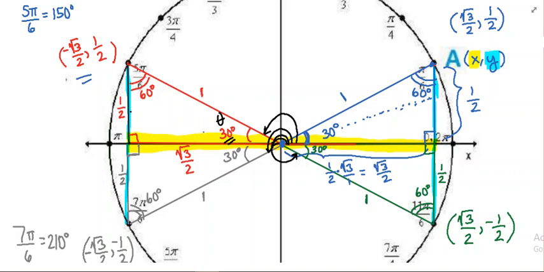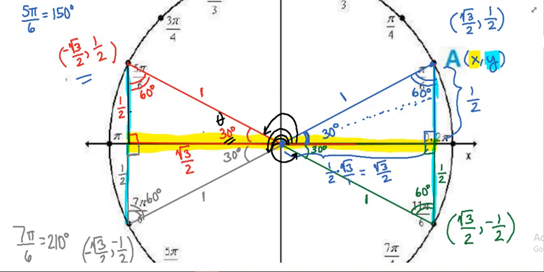What is going to distinguish these guys? Well, remember what's different other than the rotation is the quadrant that they lie in. Pi over 6 is in quadrant 1, 5 pi over 6 is in quadrant 2. So to distinguish these things as far as the trig functions are concerned, you're going to have to take your quadrant into account. Since 5 pi over 6 is in quadrant 2, the x-coordinate is negative and the y-coordinate is positive.